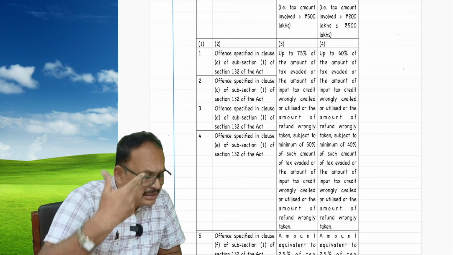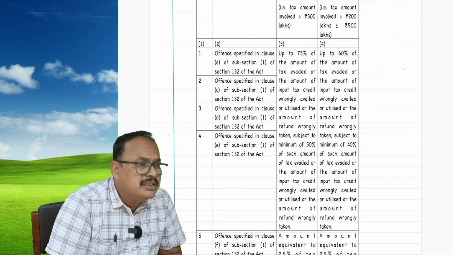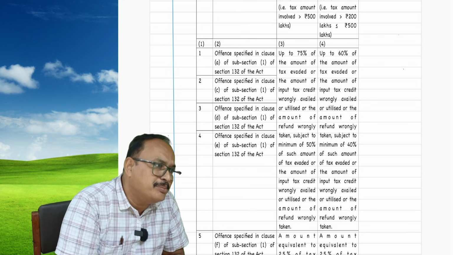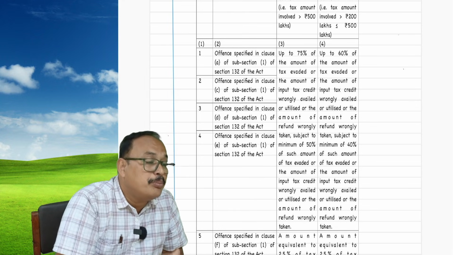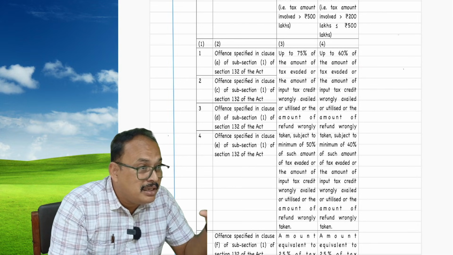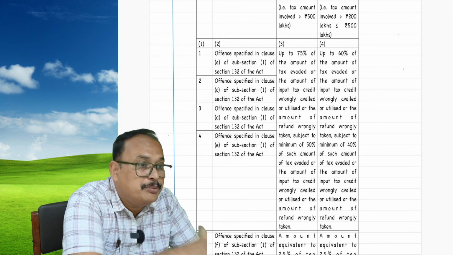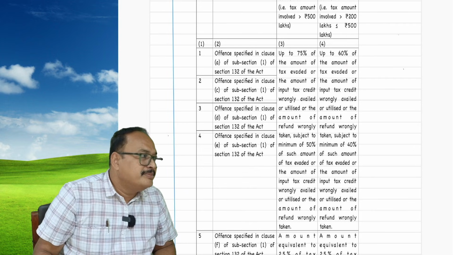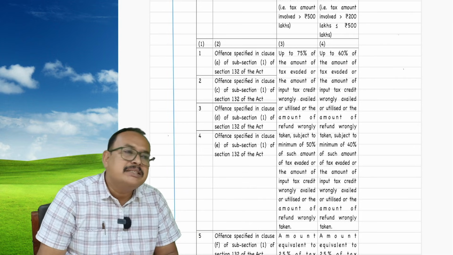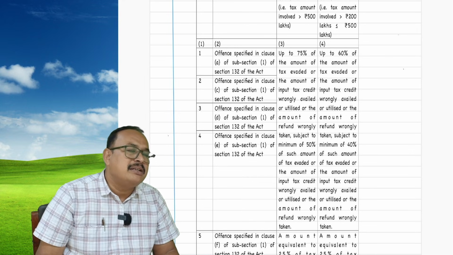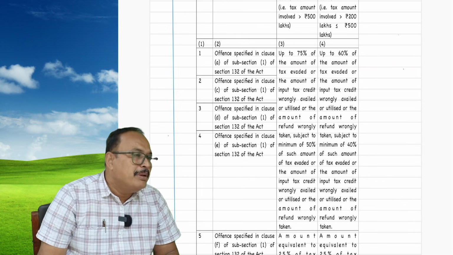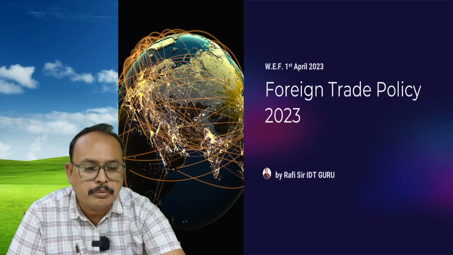If it is other than these cases, minimum 25%, maximum up to 100%. If two or more offences are involved, 25% or 40% comes into the picture, and we select 40%. A problem we did in the class. Got the clarity? With this, the super fast revision of offenses and penalties, namely the marathon, is completed.